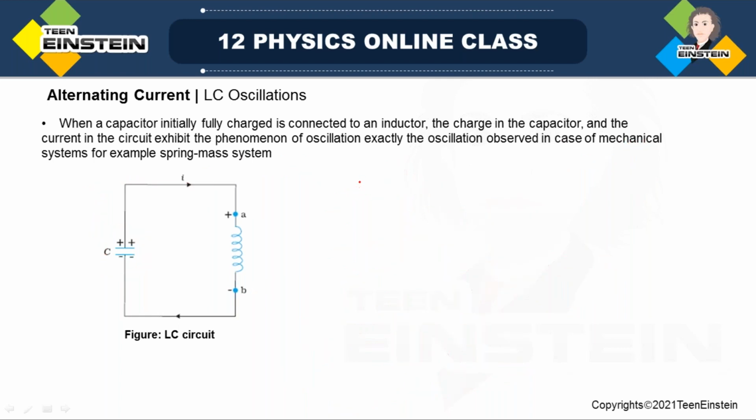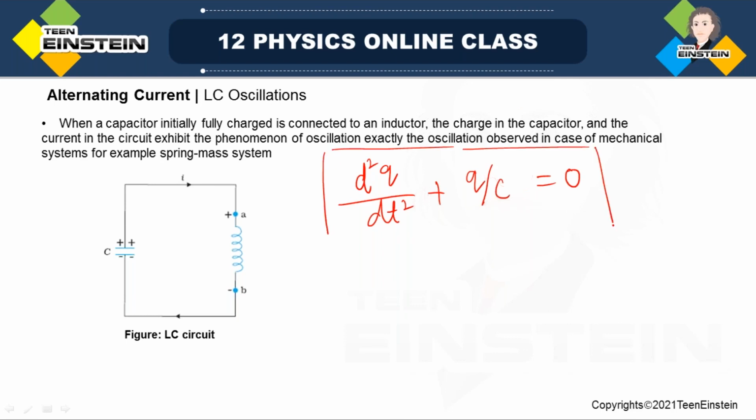I'll just erase everything and I'll write the final equation we have got here: L d2q by dt square plus q by c is equal to 0. Okay, look, this equation is very much familiar to us. If you remember the simple harmonic oscillations, in case of a simple harmonic oscillator, what was the equation of motion in case of a mechanical system?